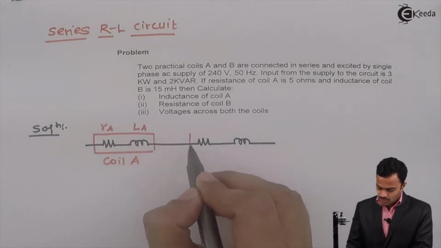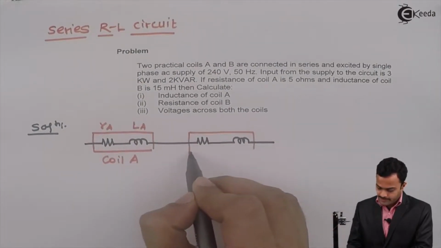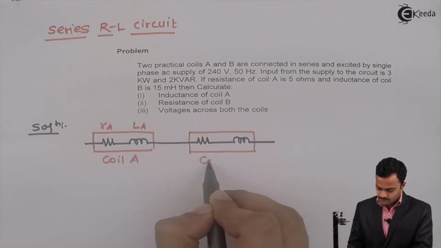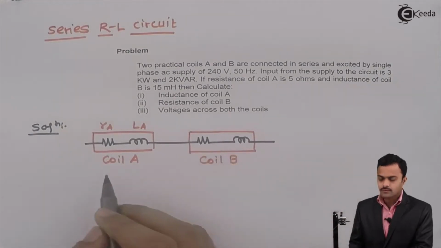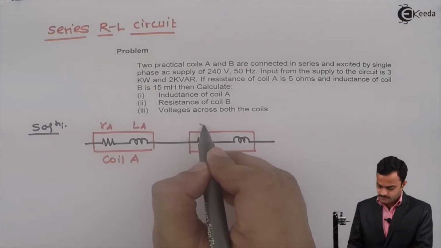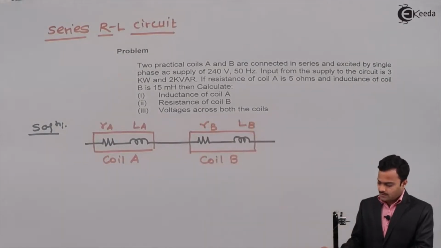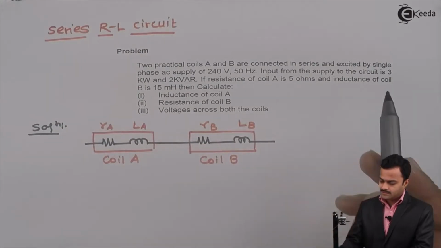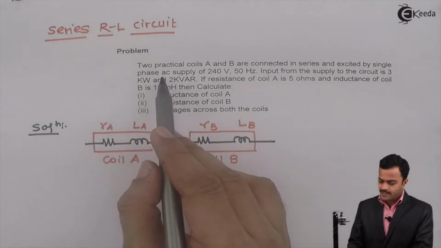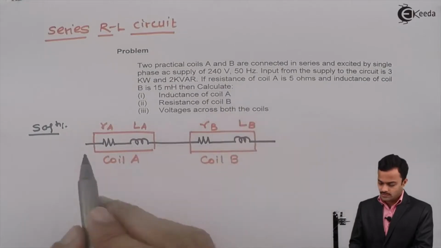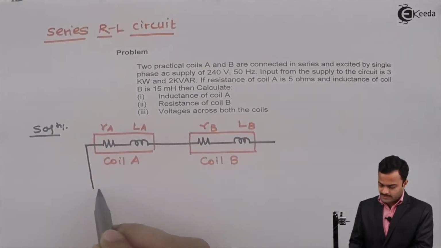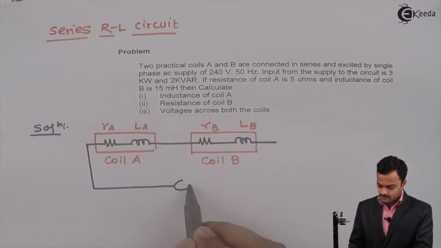Similarly, another coil is coil B with resistance Rb and inductance Lb. This circuitry is connected by a single phase AC supply of 240 volt. So it is excited by this supply.